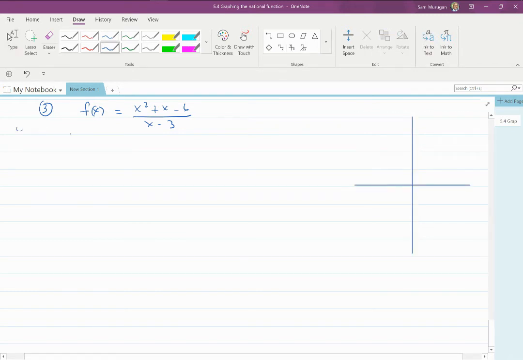Step 1, factor. So f of x is equal to x plus 3, x minus 2 over x minus 3. That allows you to write the domain as x not equal to positive 3. Step 2, already in the lowest terms, we can't reduce this.